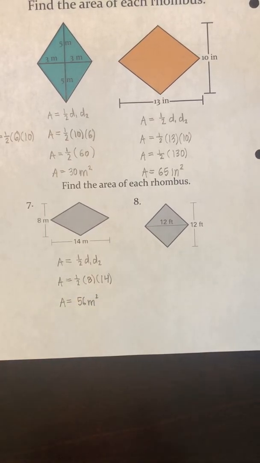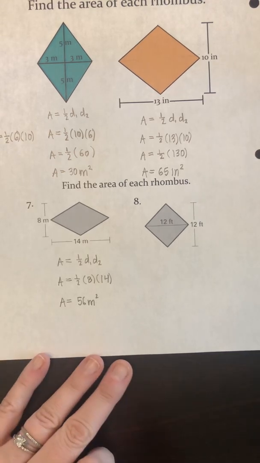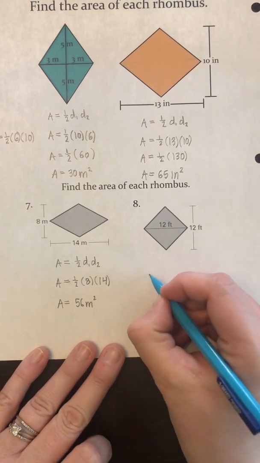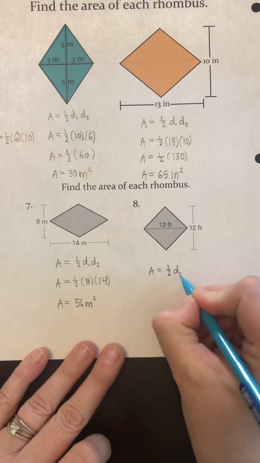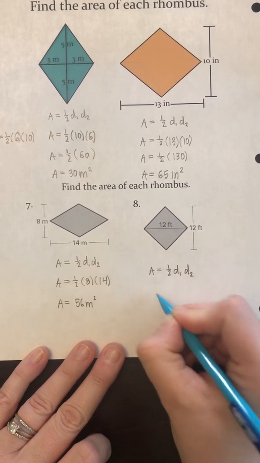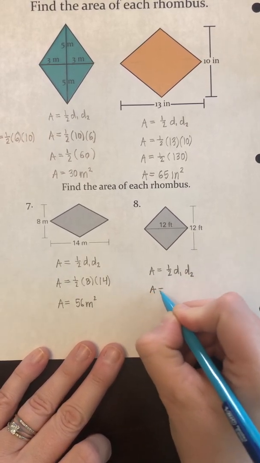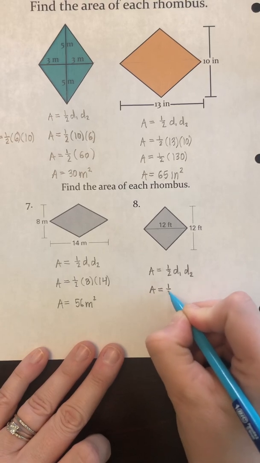So as you're deciding what order you want to multiply numbers, I would encourage you to look for ways that you can do numbers in your head that are easy without having to do a lot of extra work. And last one here. Writing down my formula. I would encourage you guys as you're doing these problems to write down your formula every time you do a problem for a couple reasons.